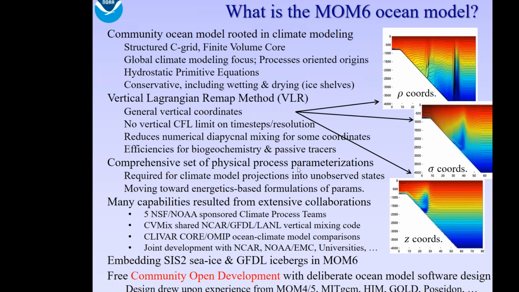In other words, we're very careful to make sure that as we're extrapolating, we have physically based parameterizations. We expect them to work equally well at the last glacial maximum or in a future state where, say, the ocean is significantly warmer than it is now. And increasingly, we're moving towards building a lot of them around an energetics-based formulation.